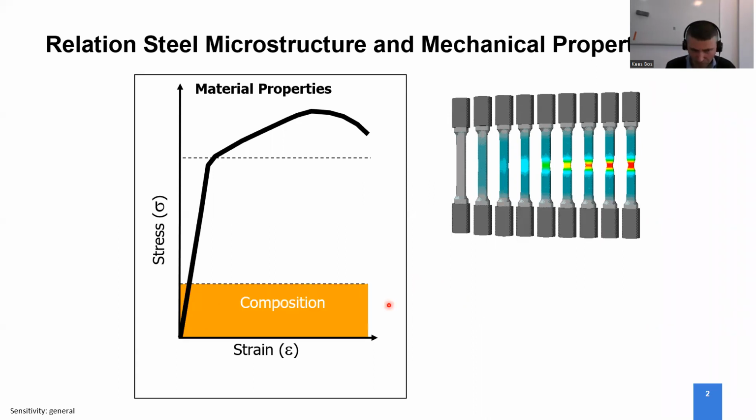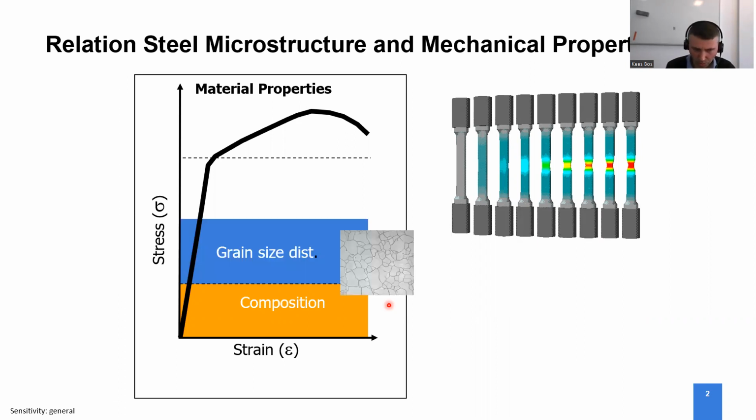We start with a very simple one, composition. Here we can all think of solid solution hardening that will increase your base strength level. Then the second component, quite important, is the grain size, or maybe the grain size distribution.